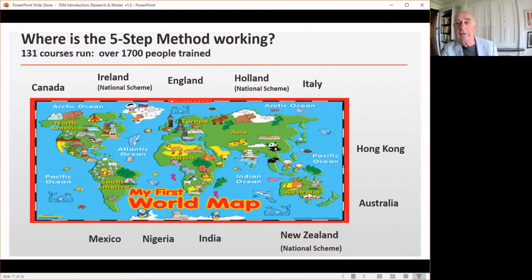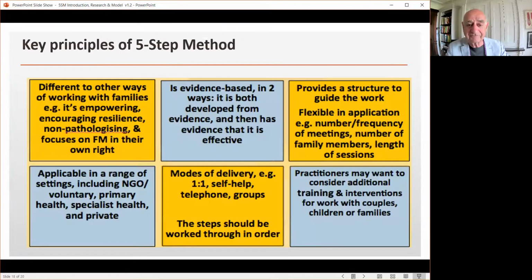So it's being utilized in a lot of different countries, and we are consistently getting very positive reports from practitioners and through them from family members about how helpful it is.